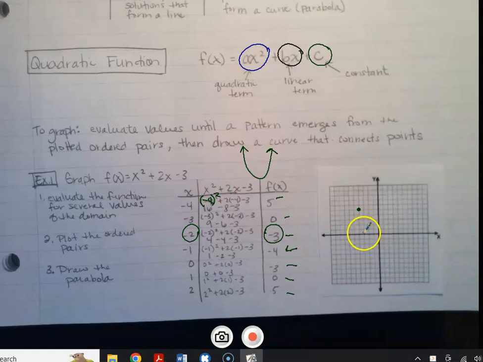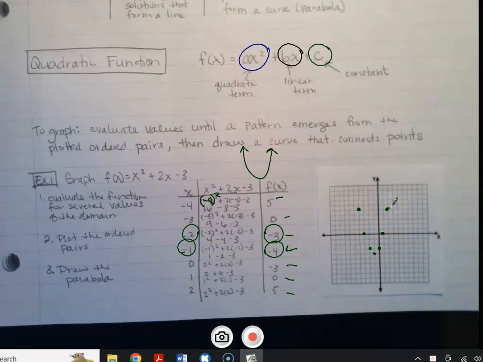So -1, 2, 3, 0. Okay, -2, -3, 1, 2, 3. And then I've got -1, -4. 1, 2, 3, 4. And then 0, -3. And then 1, 0. And 2, 5. So 2, 1, 2, 3, 4, 5.